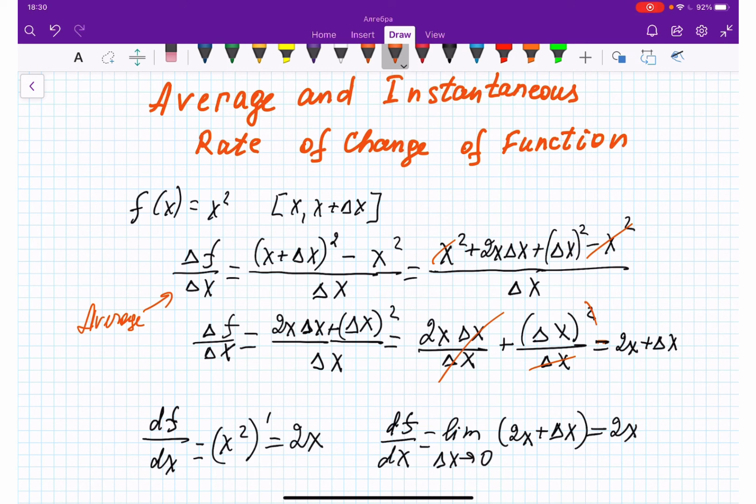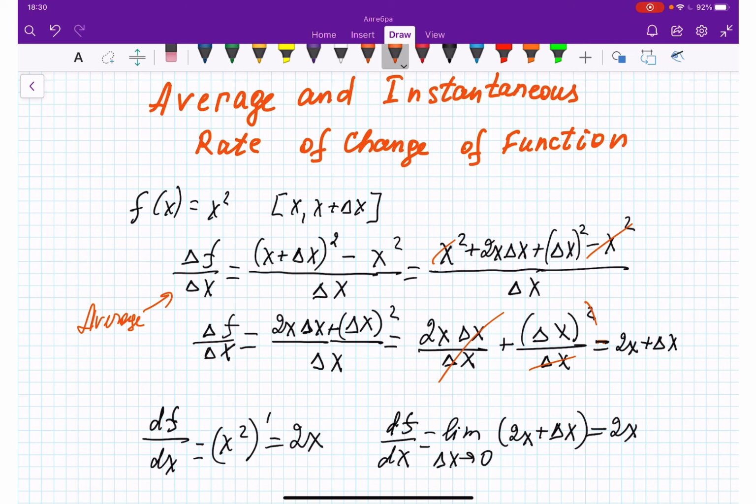So shortly saying, it's velocity, right? Average velocity. So it's the average speed with the direction. It gives us a velocity. So the average speed is in the same direction as the movement.